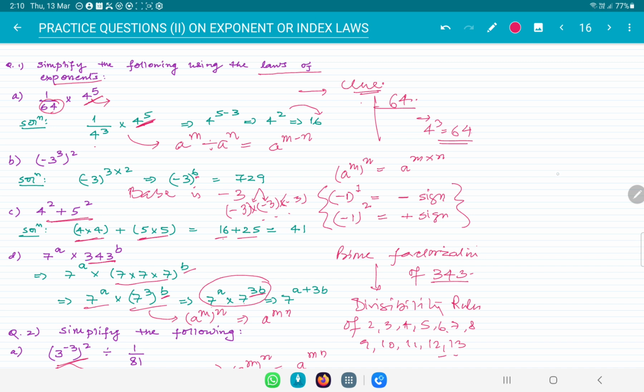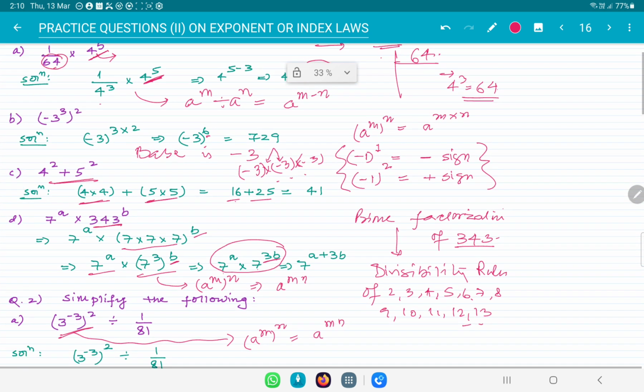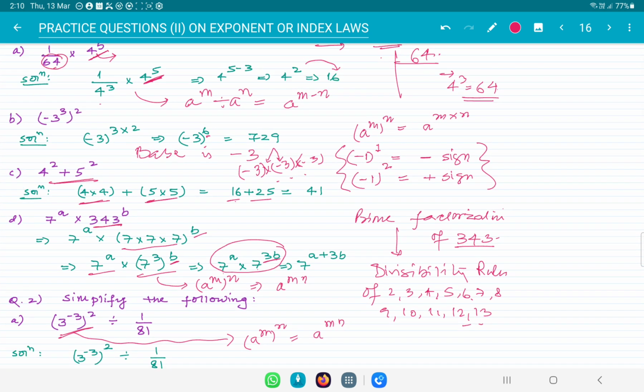If we don't know how to write it, just do prime factorization, and for prime factorization you should use the divisibility rule. Okay. And see this question, it is very interesting. In this you can't use any formula of index. So just simplify it and write the answer.